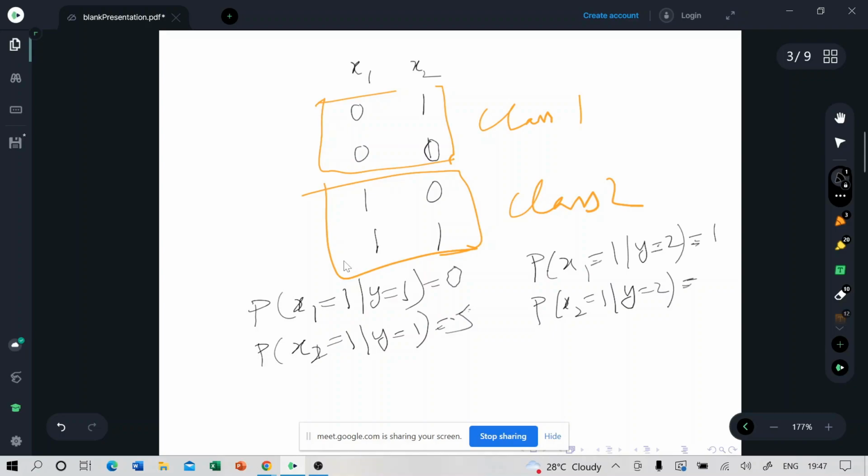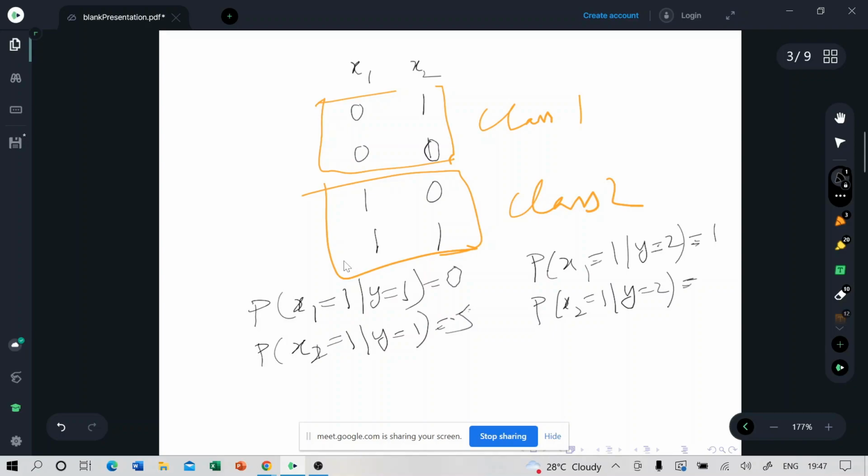So suppose we want to compare probability of y1 given x and probability of y2 given x, whether one is greater than the other.